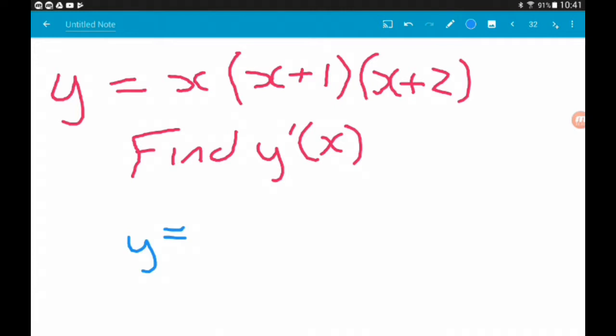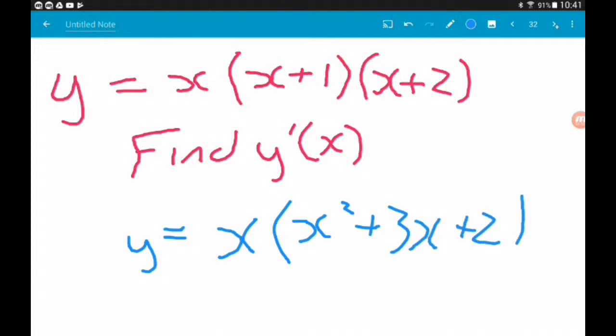So if we multiply the two brackets first of all, we get y is x times x squared plus 3x plus 2.